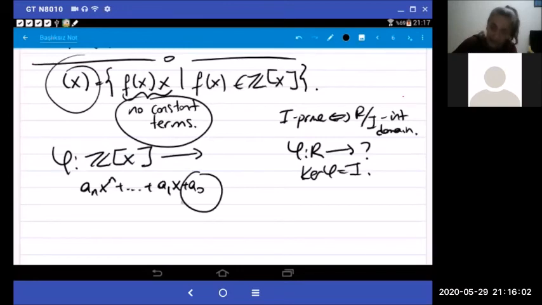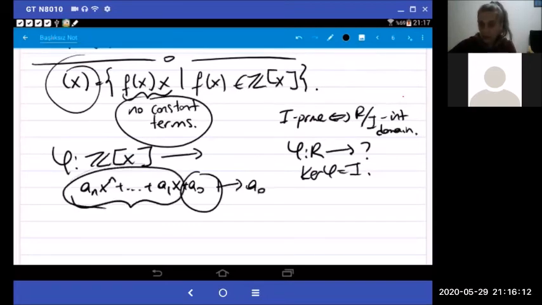So I'm taking this general element to just a_0, because I know that the remaining part, if there's a remaining part in your definition, must lie in my ideal generated by x.